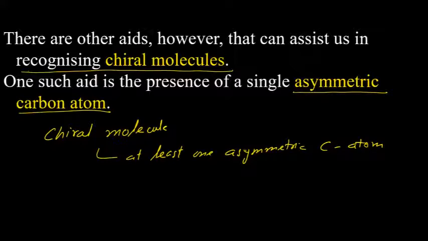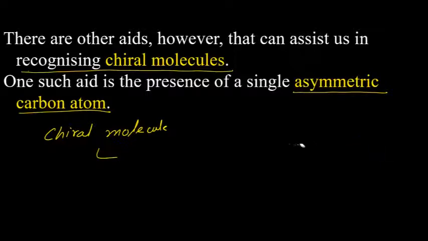That molecule will be chiral. First, instead of writing this, let me explain so that you remember it. When I say chiral molecule, this is non-superimposable on its mirror image.